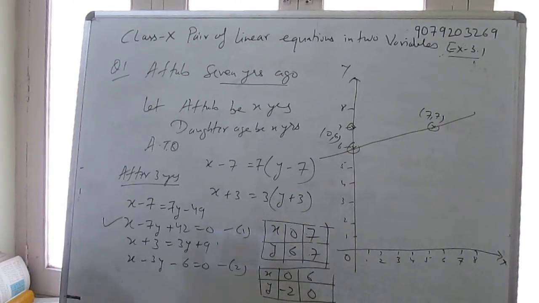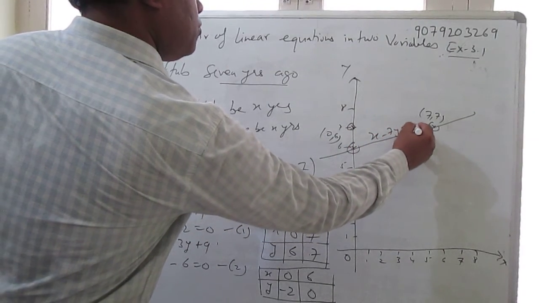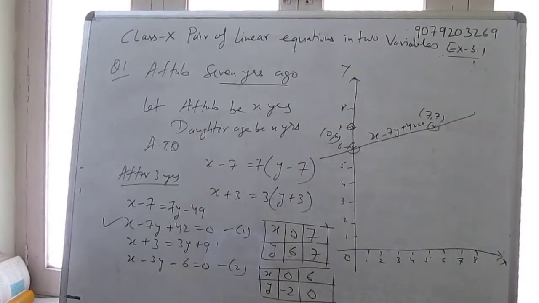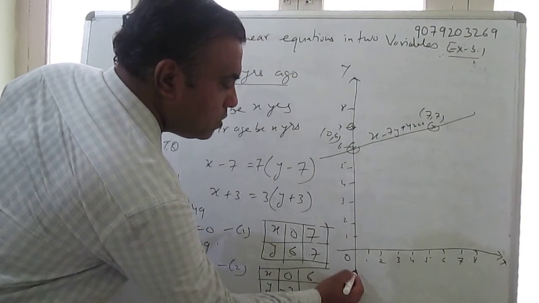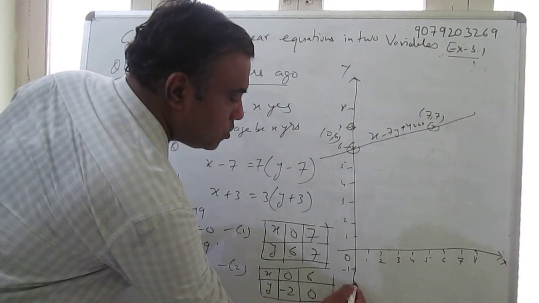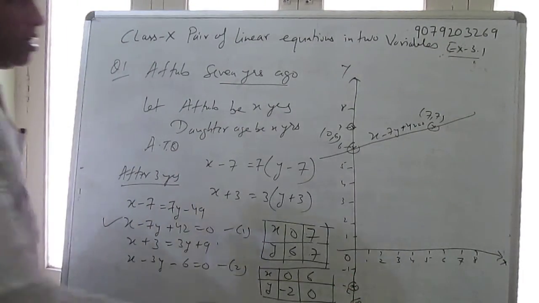This is the equation of the line: x minus 7y plus 42 is equal to 0. Now the second equation. x is equal to 0 and y is equal to minus 2. Minus 1, minus 2. 0, minus 2 and 6, 0.